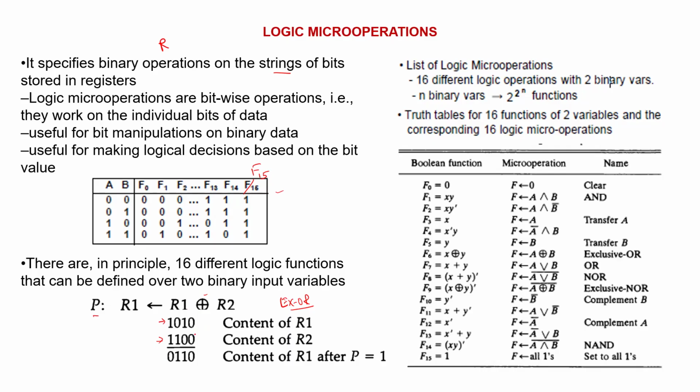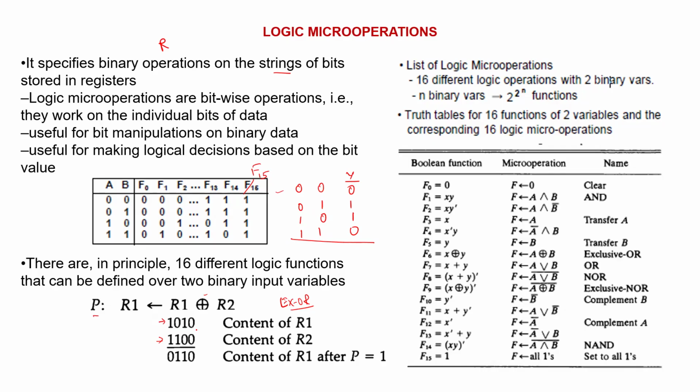So it performs the XOR gate operation, and you need to keep the XOR truth table in mind. What is the XOR truth table? When both inputs are different, the output is high. So 0, 0, output is 0. 0, 1, output is 1. 1, 0, output is 1. 1, 1, output is 0.